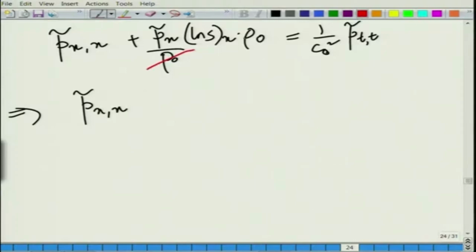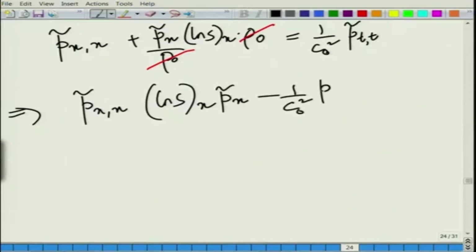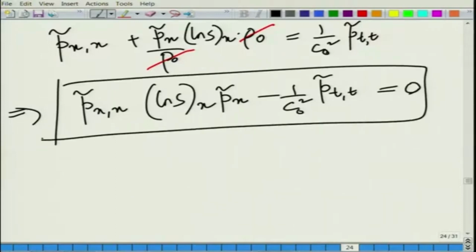So, these two terms get cancelled and you are left with p tilde t t equal to 0. So, finally, we arrived at the wave equation, Webster's horn equation, which obviously is the same as this one.